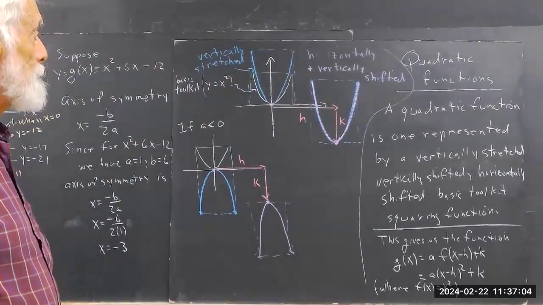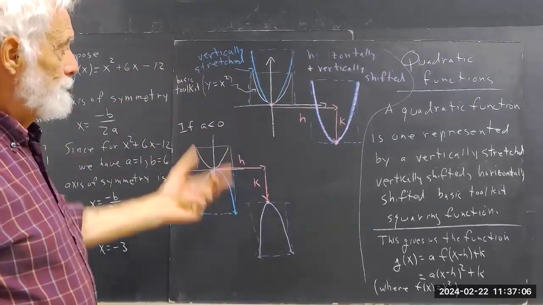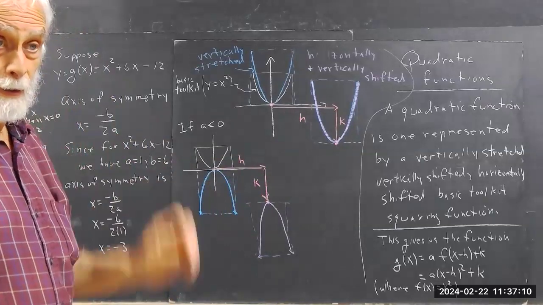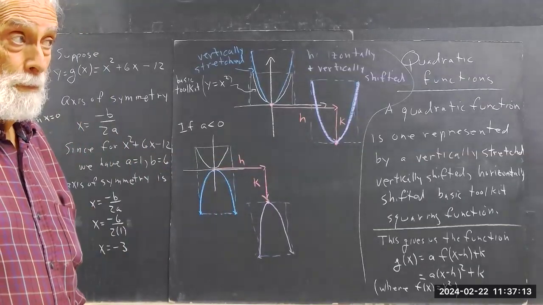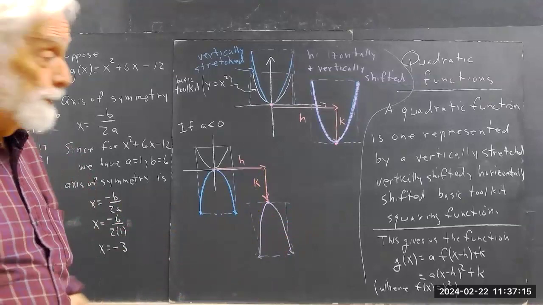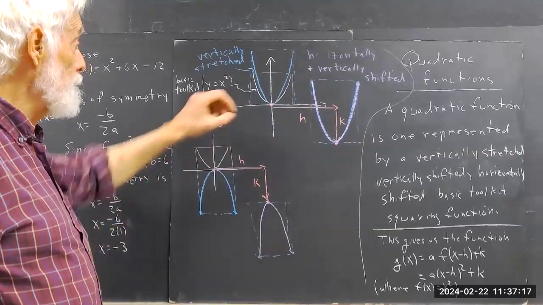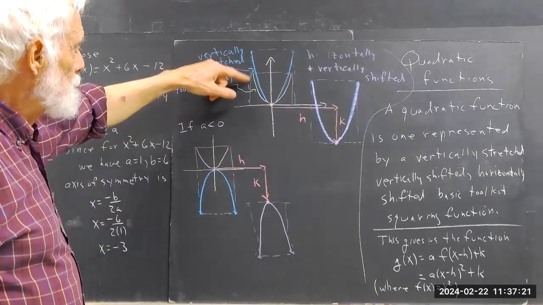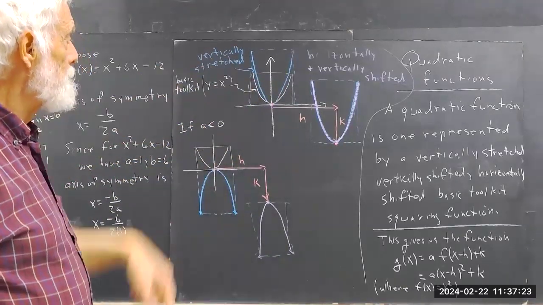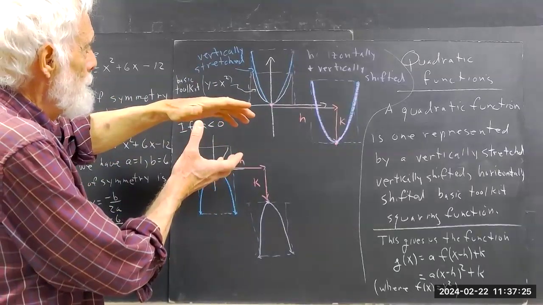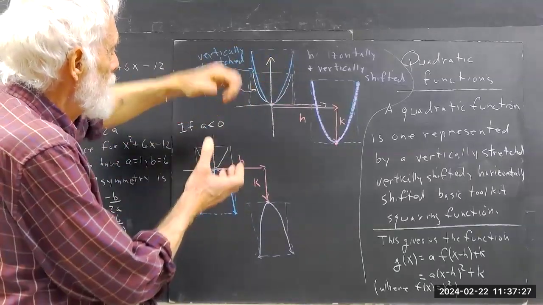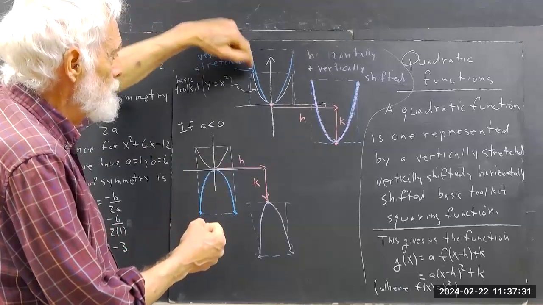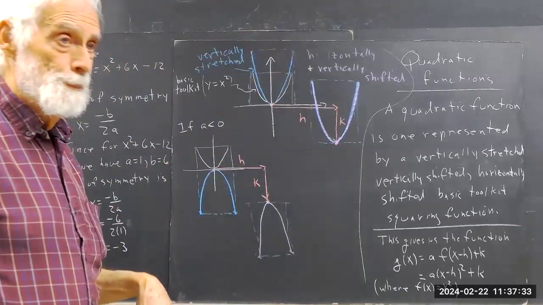Now, what does that mean? Well, I did this for the benefit of people in the other sections, because everybody in this section should understand it totally, except for the vertical stretch thing. So for vertical stretch, we start with y equals x squared. That's the white graph. And then we make this square a little higher. Okay, we vertically stretch it. We stretch it out this way and we get the blue function.